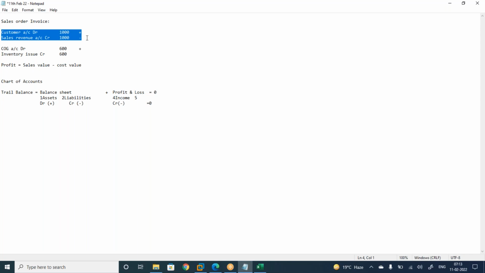Revenue or income is represented as negative, to make the net value 0. And here inventory issue is going out. It is decreasing our on-hand inventory, minus, and COG means this 5 series expenses. It is debit.